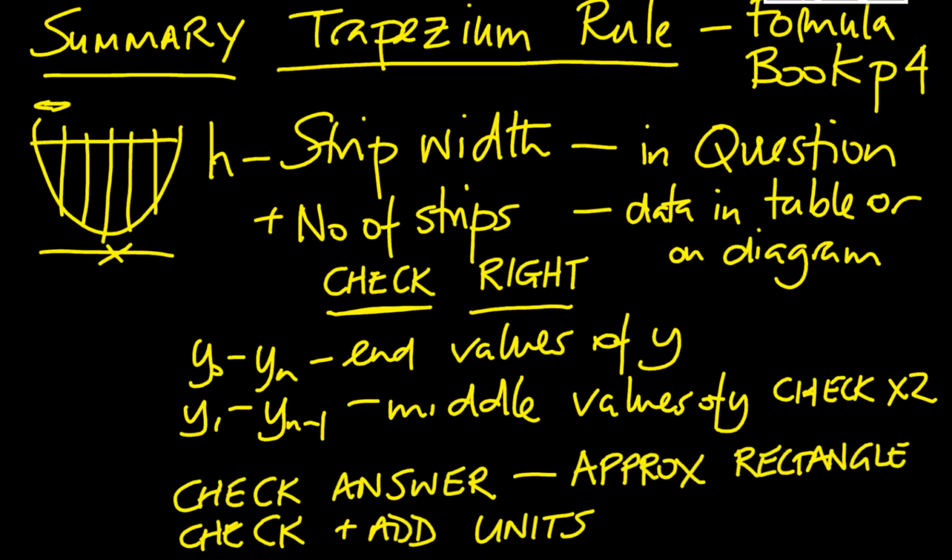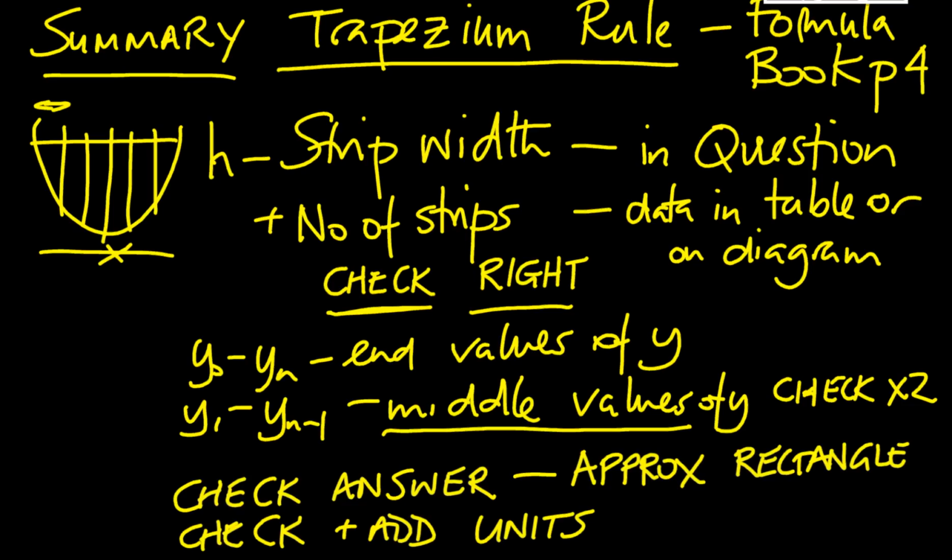Finally, do a cross check. Do a little approximate rectangle, so it's going to be the same full width, and it's going to be roughly half the depth, isn't it? And check that your answer is consistent.